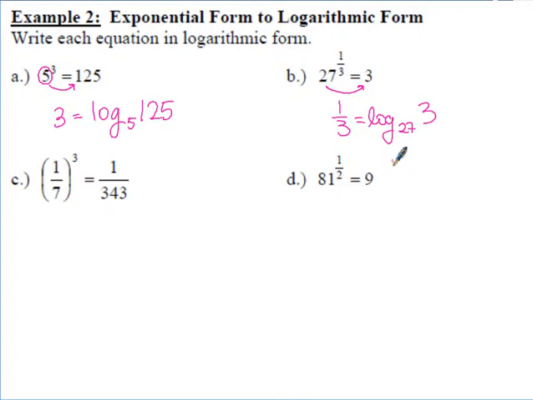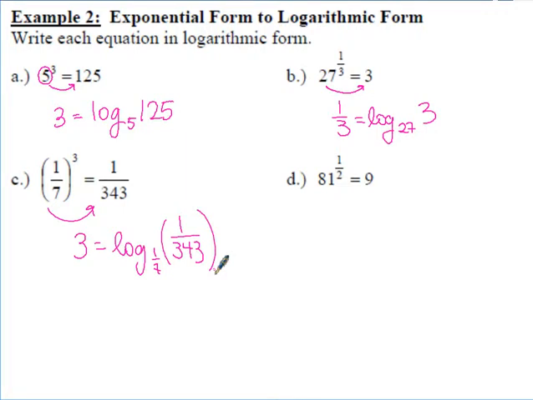What moves? 7. So you get 3 equals the log base 7 of 1 over 343. What moves on D? 81.